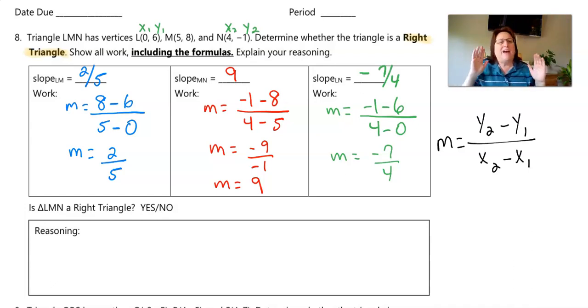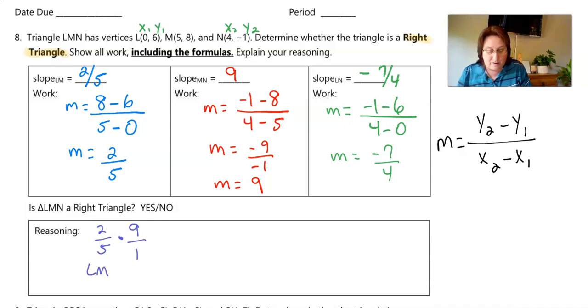Now, guys, we have to determine, are any of these slopes negative reciprocals of each other, and will they form a perpendicular line? So one way to work this out is to test it. When I test it, I can take 2/5 times 9/1 because this is my slope for LM and then my slope for MN.